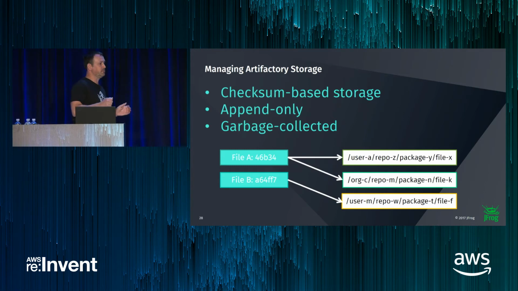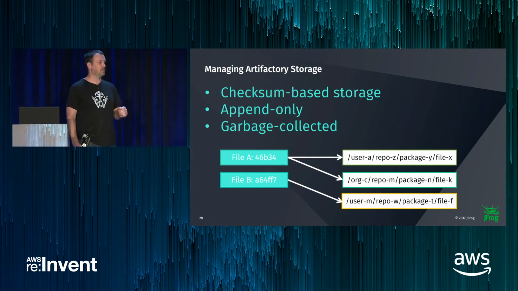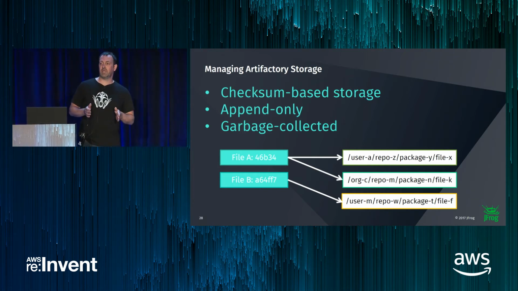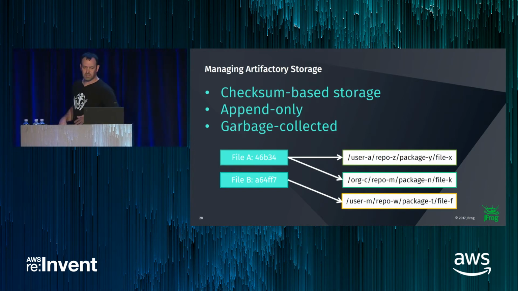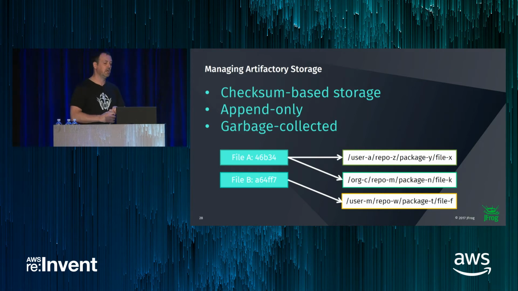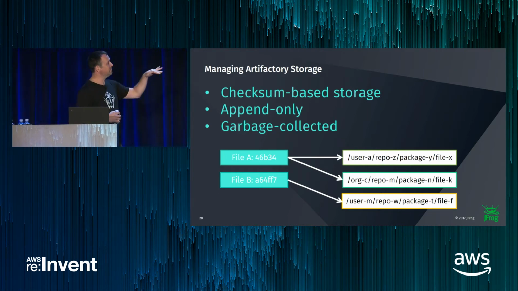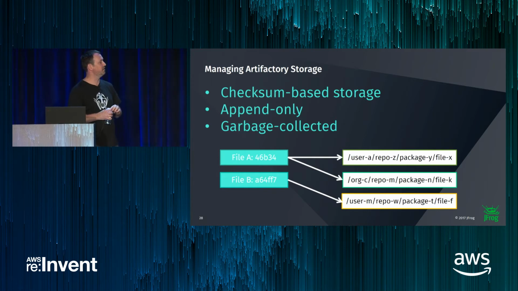So in regards to EFS, EFS is one example of scaling. But Artifactory actually has built-in mechanisms internally to allow you to have scaling. So EFS is just the storage layer. It's where files are being stored. On the right side, you can see an example of paths in Artifactory in the repository.